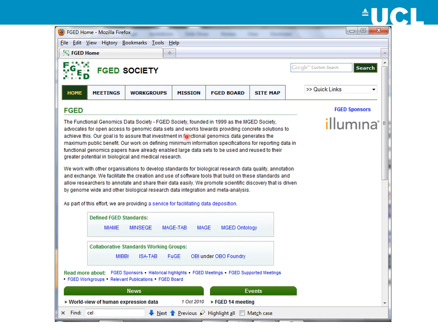It was originally called the MGED Society, the Microarray Gene Expression Data Society, but they broadened their horizons to also include sequence-based data, next generation sequencing, with standards such as MINSEQE. So they eventually renamed themselves FGED, the Functional Genomics Data Society.